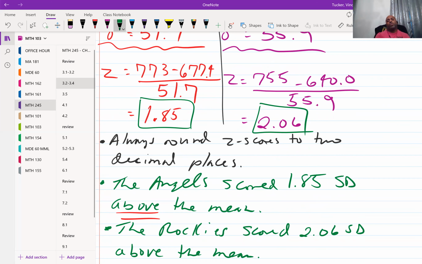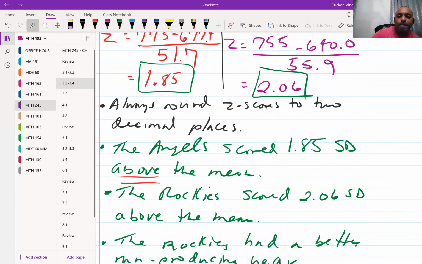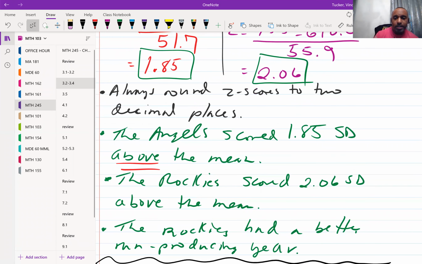The Rockies scored 2.06 standard deviations above the mean. So the fact that it's positive versus negative does carry information. And so that means the Rockies had a better run producing year.